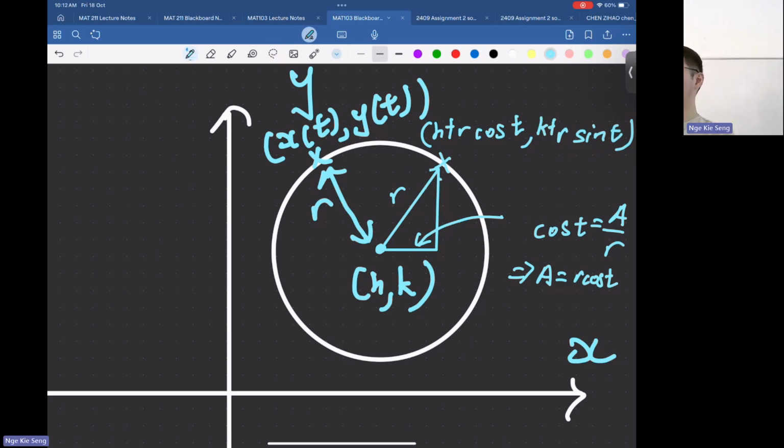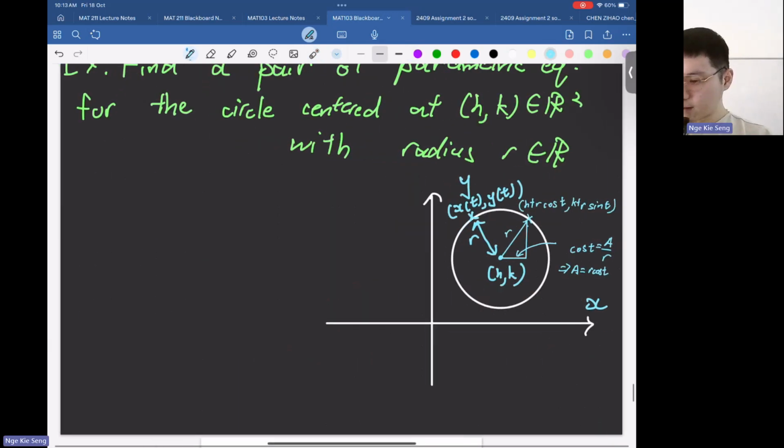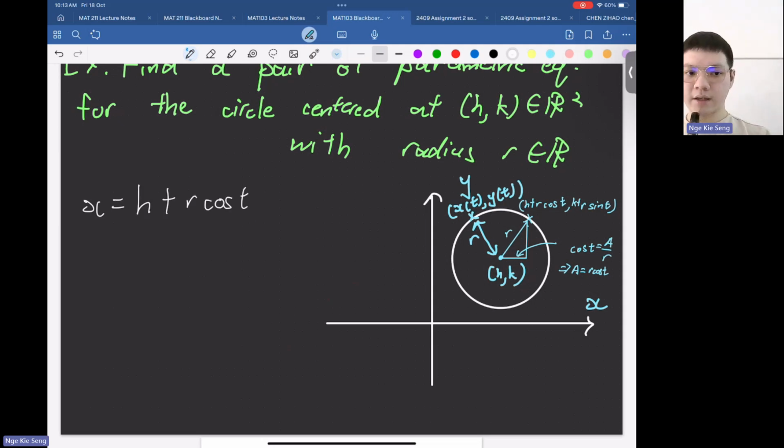Does it make sense? Okay. Just now we imagined this is the center, but now we shift the center. So you could write x equals h plus r cos t, and y equals k plus r sine t.